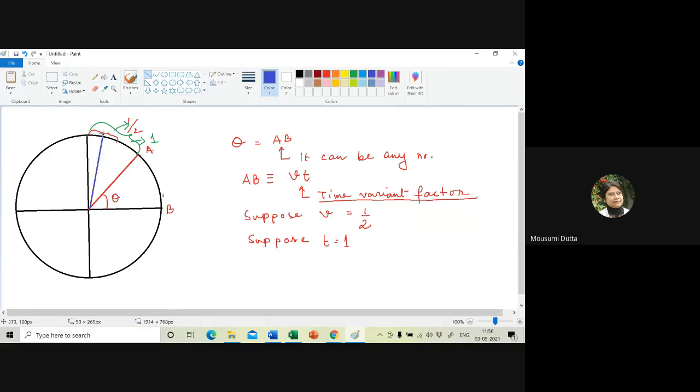So in that case, from your starting point, say this is your starting position, you will be able to change the length of the arc. Sometimes it is up to this, sometimes it is up to this, starting from this position. Starting from the vertical position, this is the size of the angle.